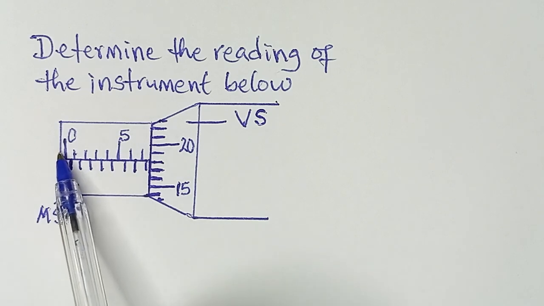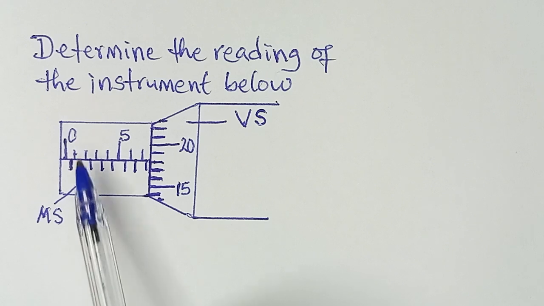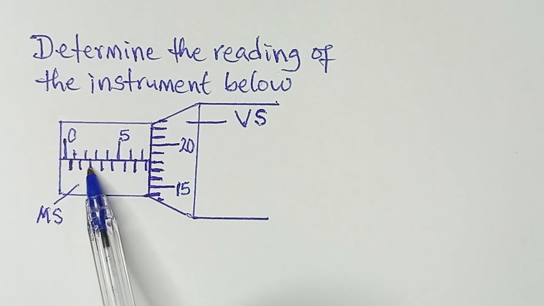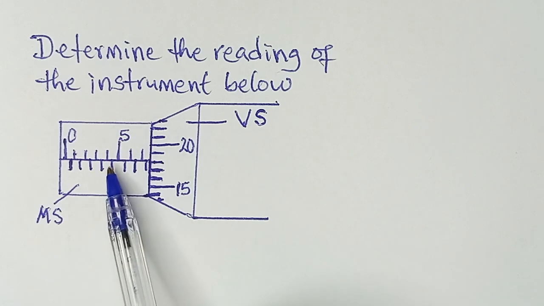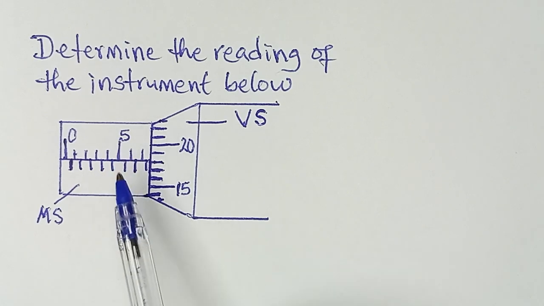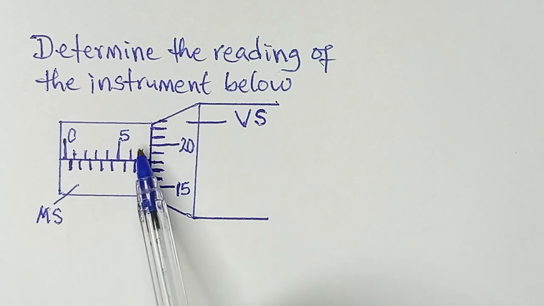So I have 0, 0.5, 1, 1.5, 2, 2.5, 3, 3.5, 4, 4.5, 5, 5.5, 6, 6.5, 7, and finally I can see one under here which is 7.5.